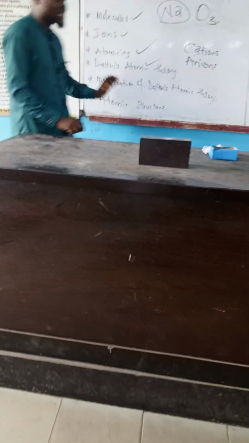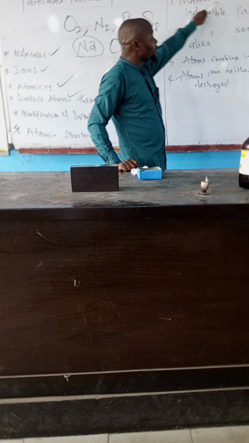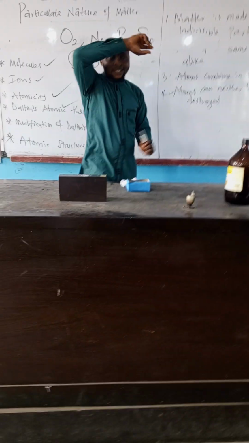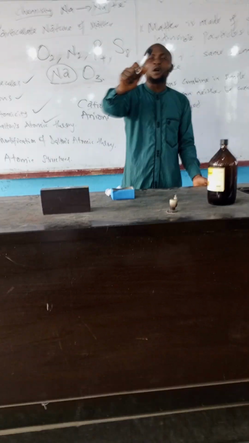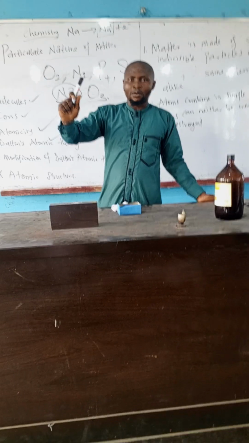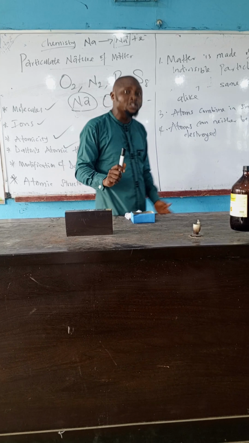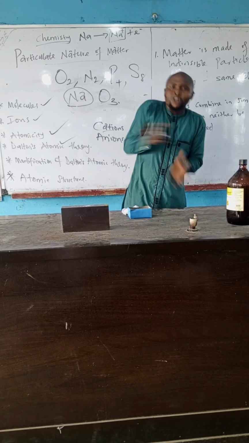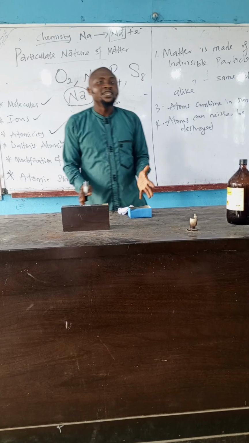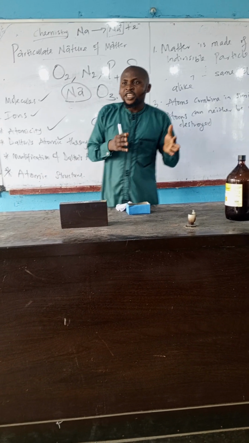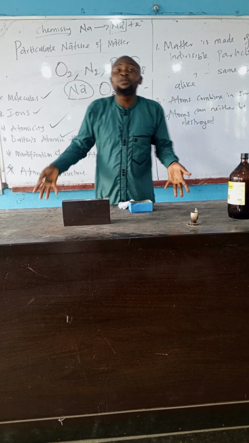So, atomic structure, or modification of John Dalton's atomic theory. For each one of these postulates, we have exceptions. In fact, we have modifications. It is only the theories of God that continue without any modification. Even within the theories of God, God himself modified some, and that is why you see some irregular objects.